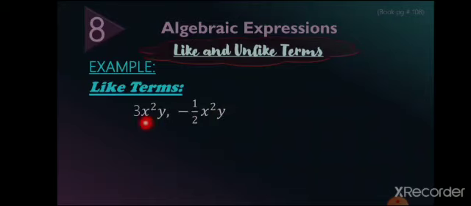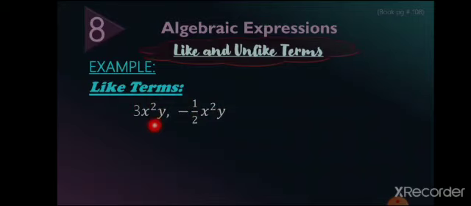As you see, x and y, both the variables are same, and corresponding means on the same position, the exponents are same. So here x square and here x square, both are same. That's why we are saying that these are like terms.